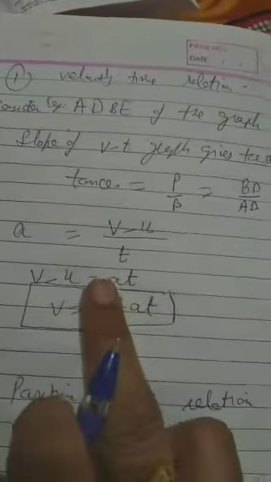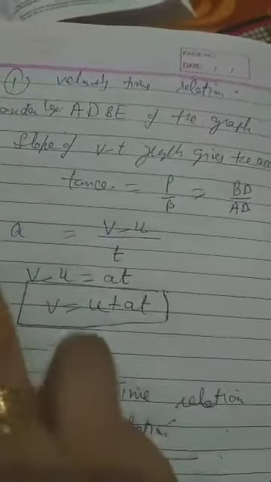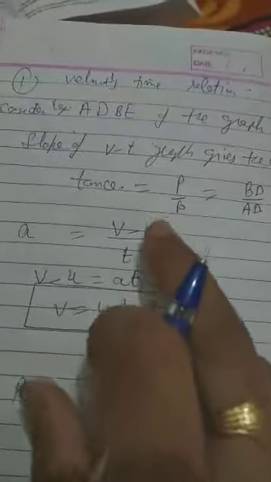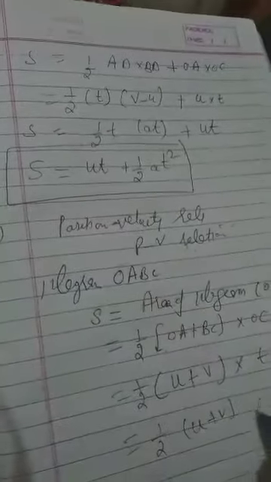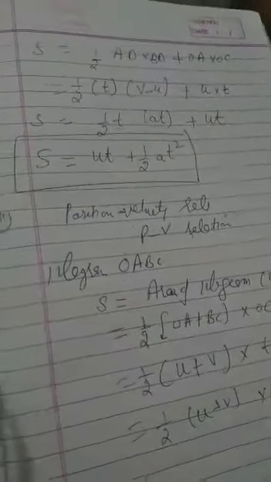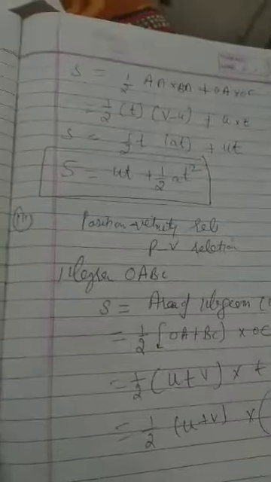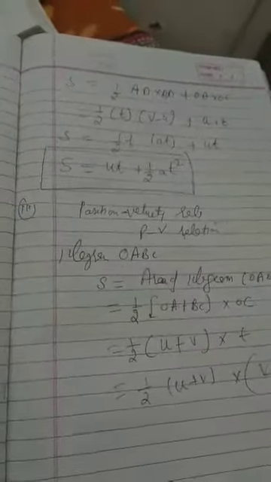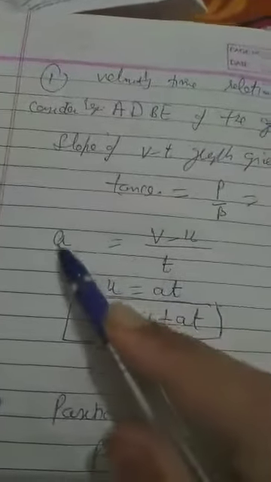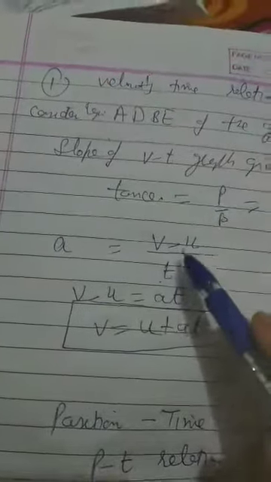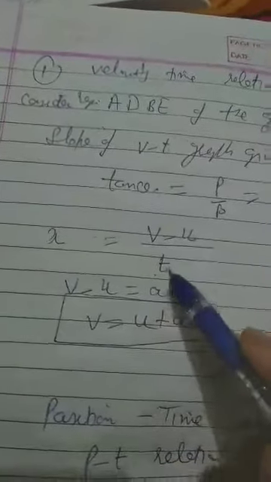Now from the first relation we will put the value of t. Take t here, it will be v minus u upon acceleration, that is, v minus u upon a.